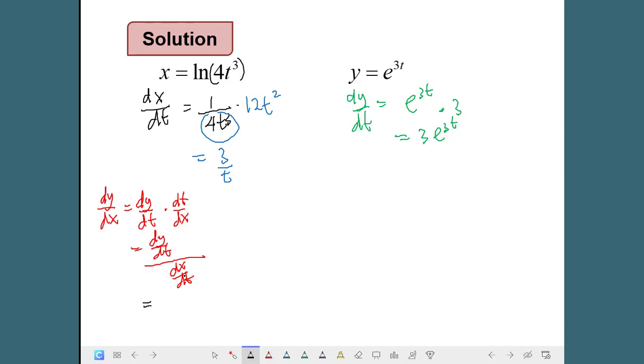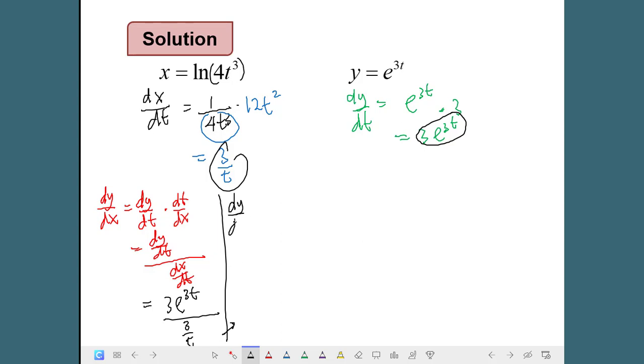Then substitute dy/dt, 3e^(3t), over dx/dt, 3 over t. Then simplify, bring t up, and cancel. The answer is t e^(3t) for dy/dx.